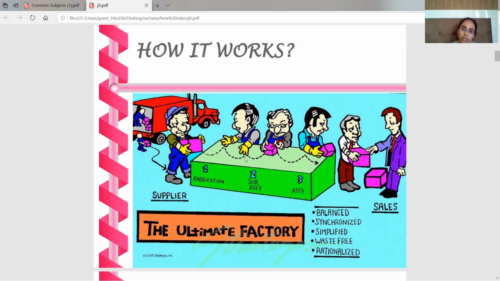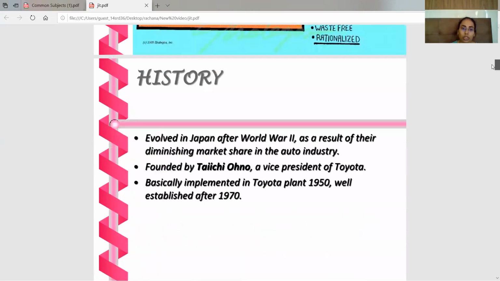As the requirement generates, the super supplier supplies to the supplier, the supplier supplies to the manufacturer, the manufacturer supplies to the distributor, the distributor supplies to the retailer, and the retailer supplies to the customer. So this is an ultimate factory scenario in JIT.